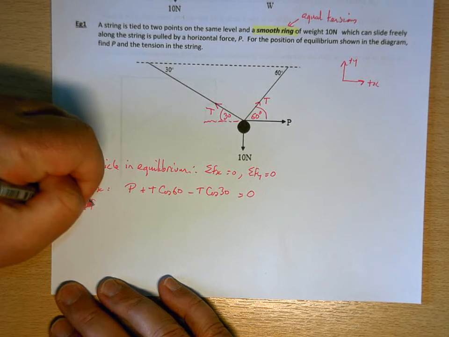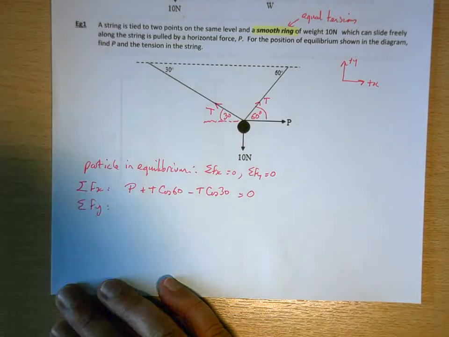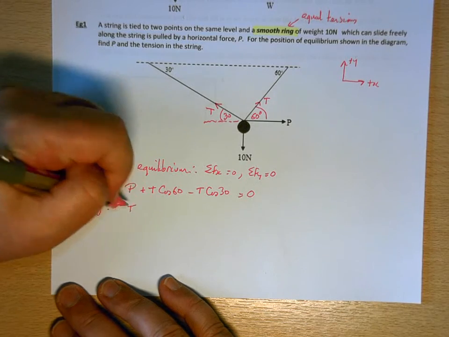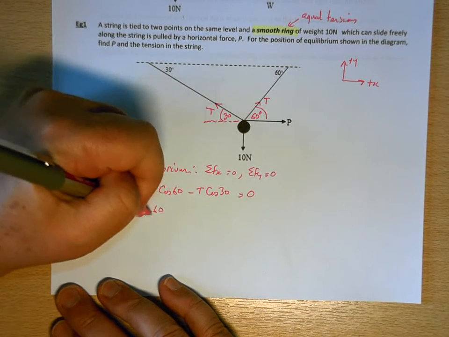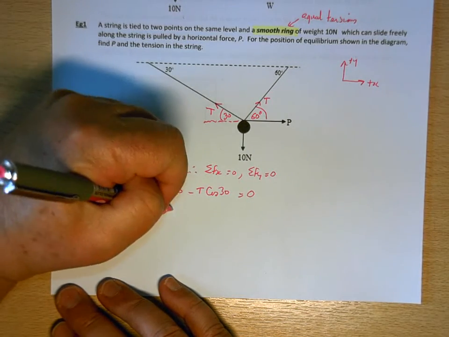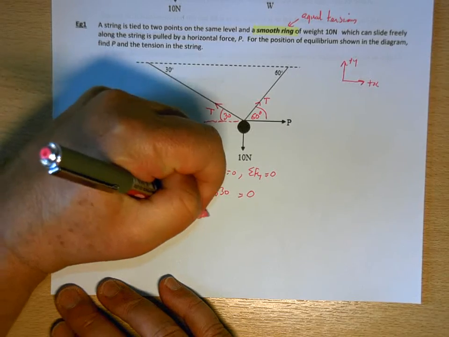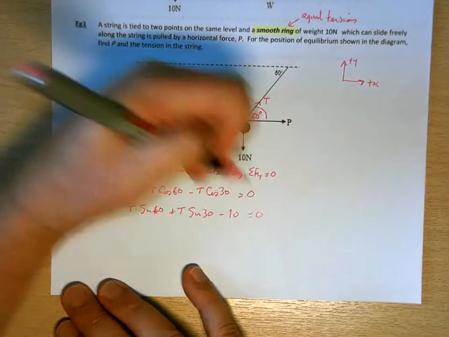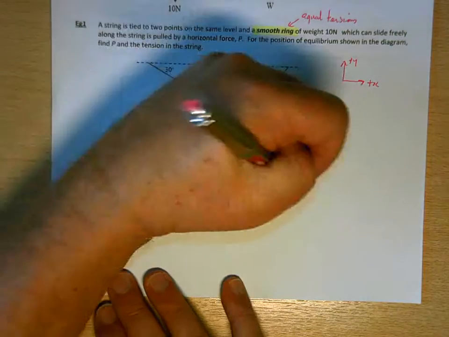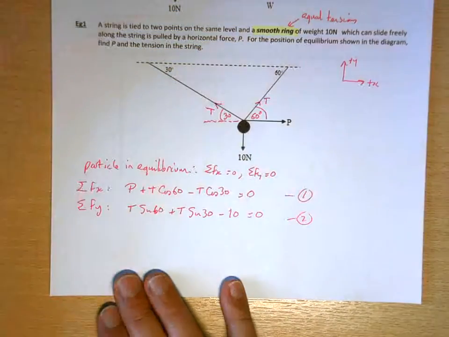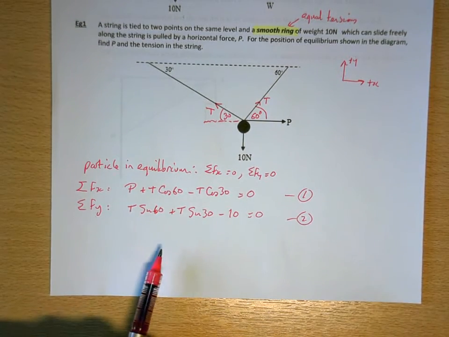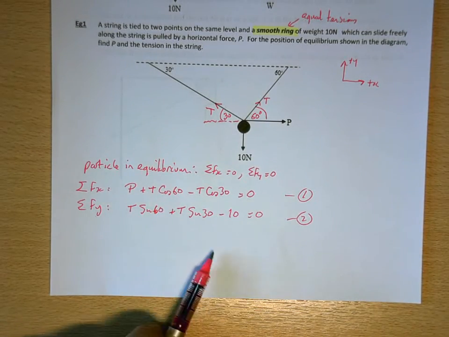Then we have our y components, which will be none of that, T sin 60 plus T sin 30 minus 10 equals 0. So I've got two equations with two unknowns, P and T. So you need to look at those and figure your way through them.